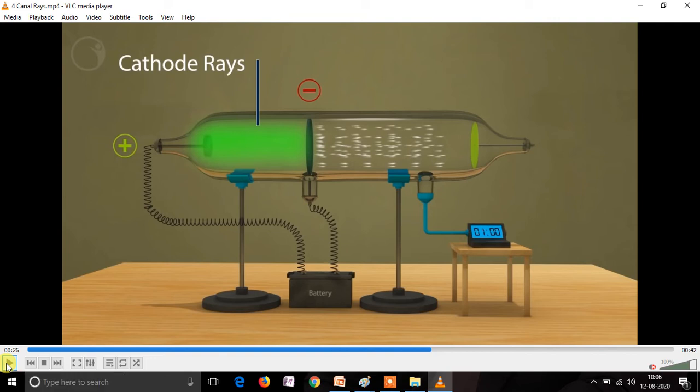But the real thing is that the zinc sulfide screen again got fluorescent. This means the zinc sulfide screen started glowing.